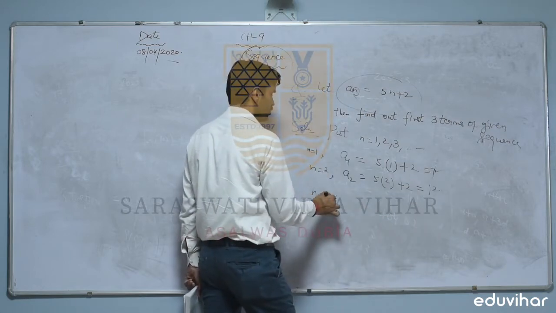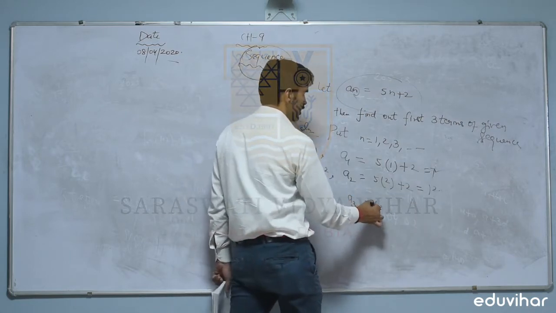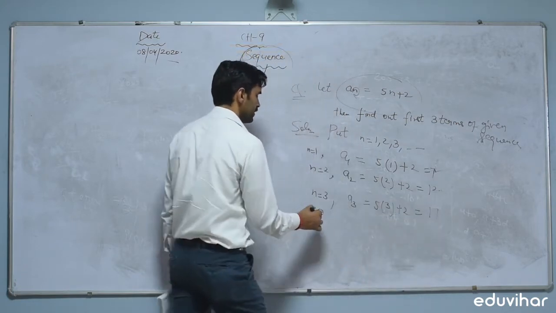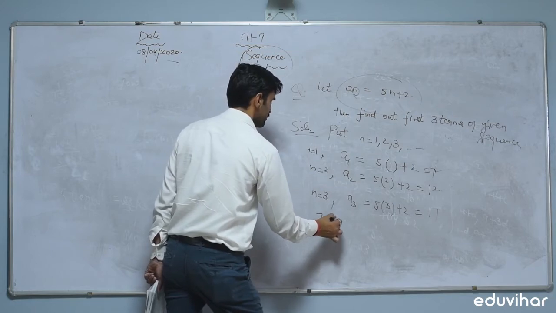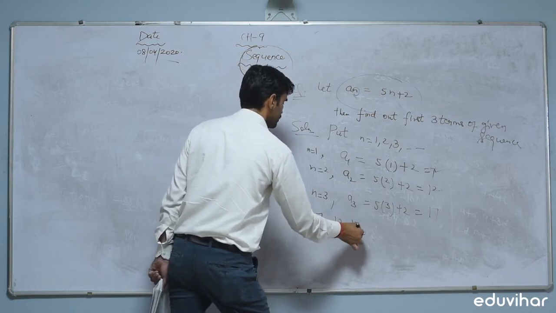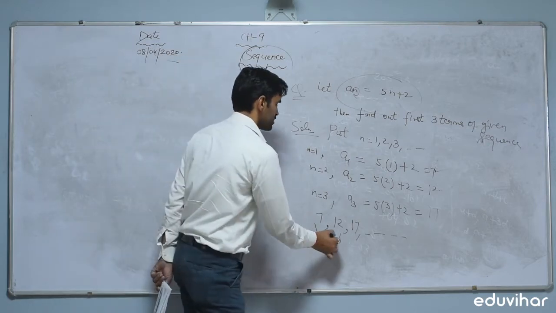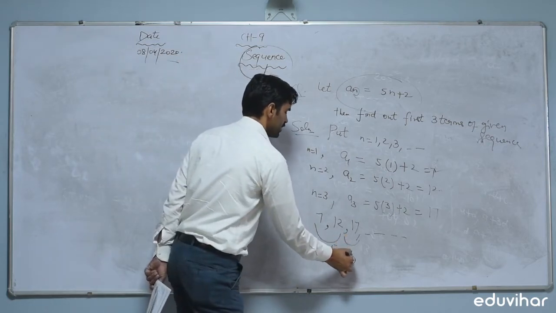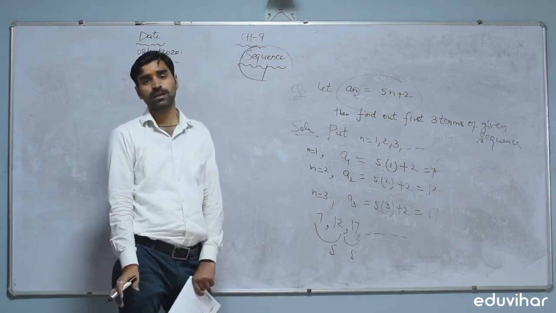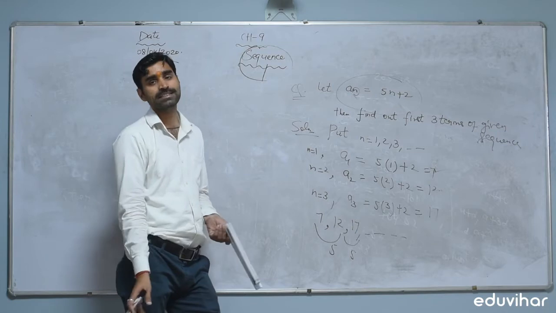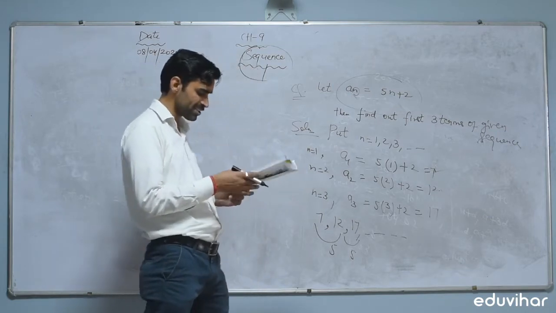Next, for n equal to 3, a3 is 5 into 3 plus 2, 15 plus 2, 17. So we have the sequence 7, 12, 17. Here we observe the common difference: 7 plus 5 is 12, 12 plus 5 is 17, so the common difference is 5. Since the common difference of the sequence is the same, we can say the given sequence is an arithmetic progression.